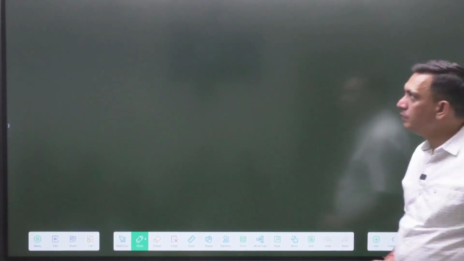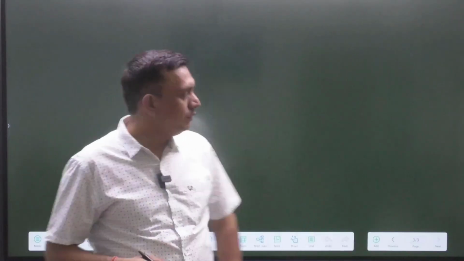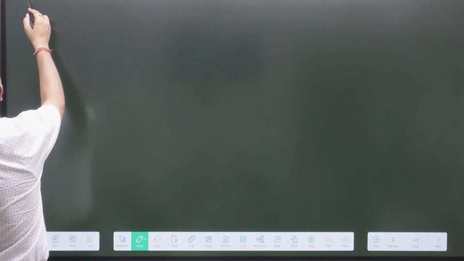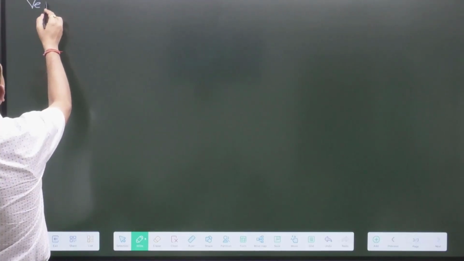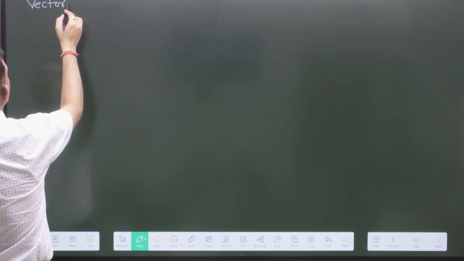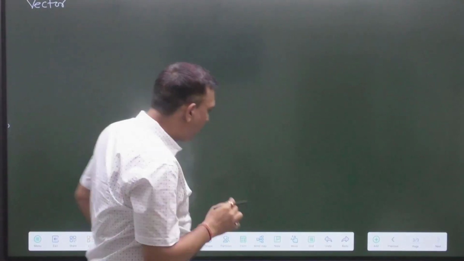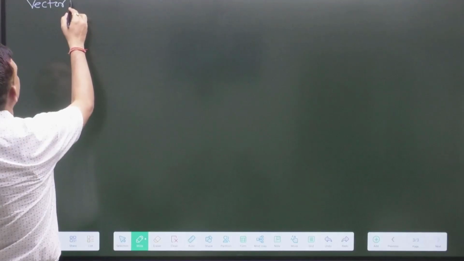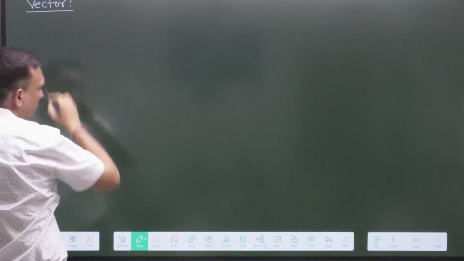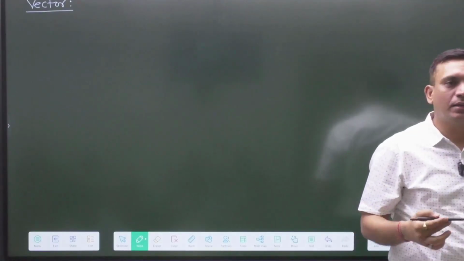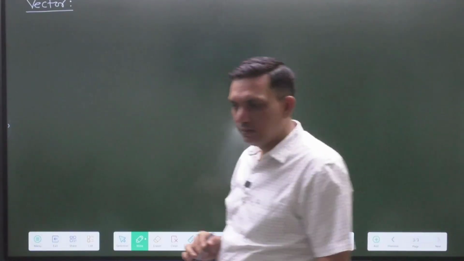So now let us first see what is a vector. What are vector quantities? Vector has magnitude, direction, and they obey the vector law of addition.